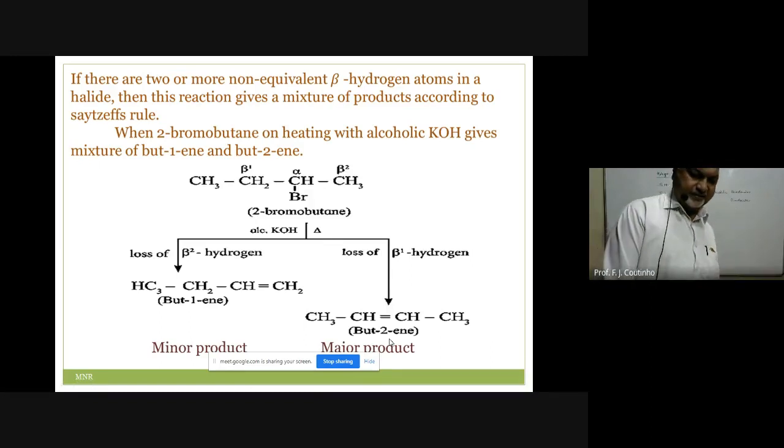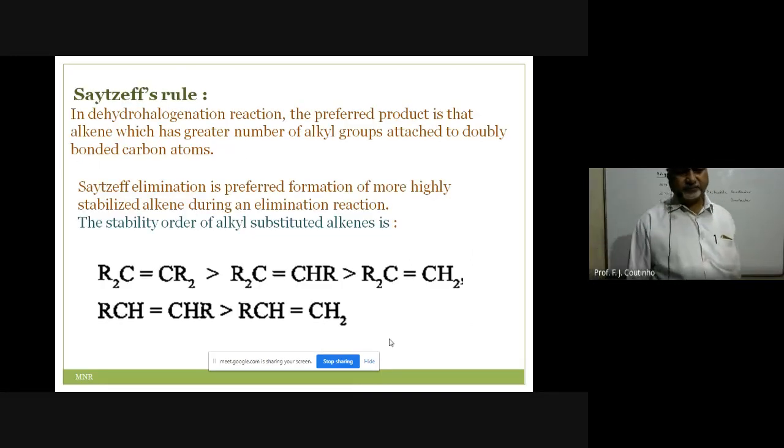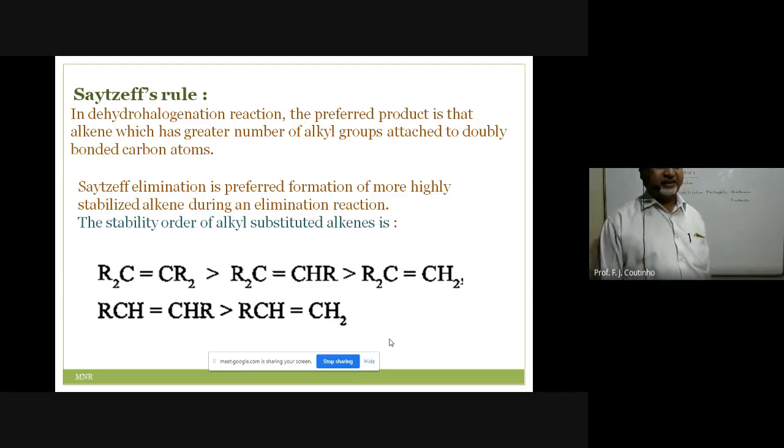And this is nothing but a second example of the elimination reaction. So, Saytzeff rule: in a dehydrohalogenation reaction, the preferred product is the alkene which has the greater number of alkyl groups attached to the doubly bonded carbon atoms. Saytzeff elimination prefers formation of the more highly stabilized alkene during an elimination reaction.